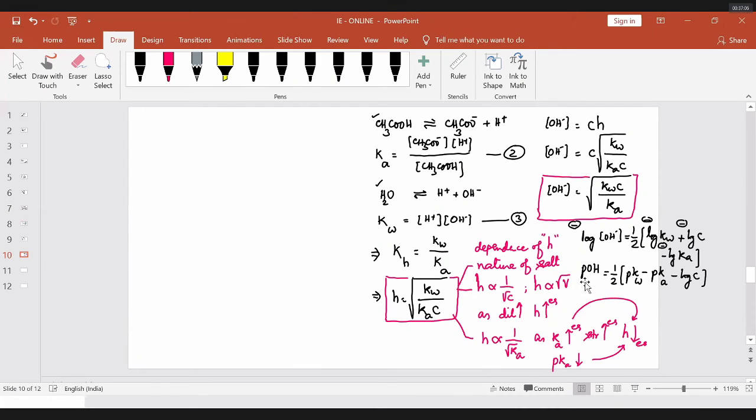Now we are having pOH. No, I want pH. If pH is required, what do you know? pH plus pOH is always equal to 14. Therefore, pH is equal to 14. Take care of the minus sign, right?